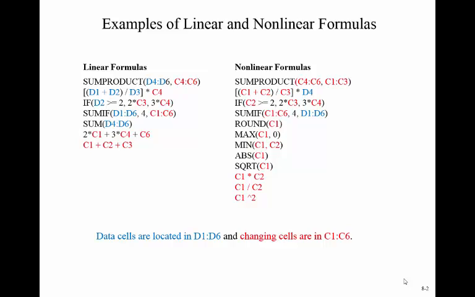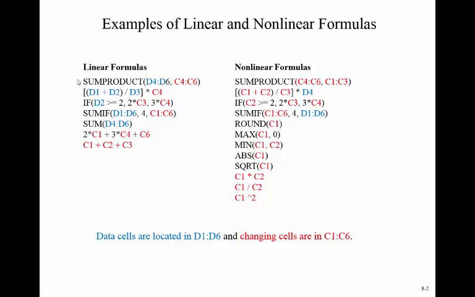The C cells are the changing cells, which you typically color in yellow, and those are the ones that you're asking the solver model to come back and recommend the optimal solution for. So, for example, on the left side here on the linear formulas, the first one, SUMPRODUCT, we've been using a lot.